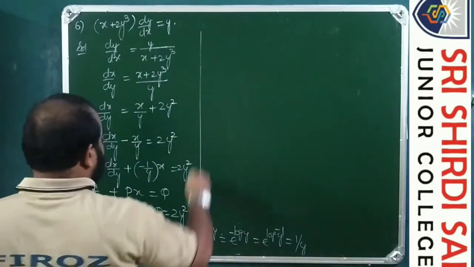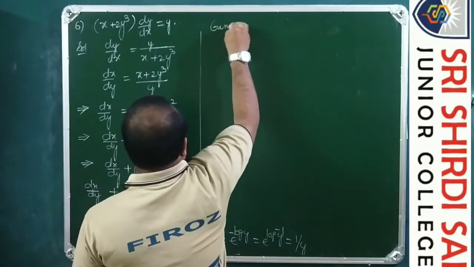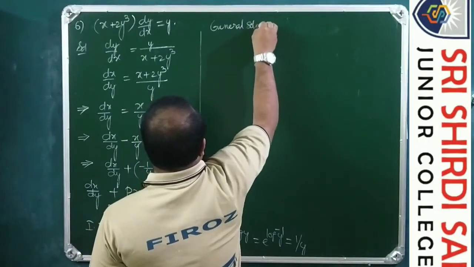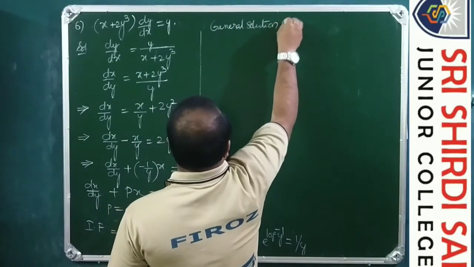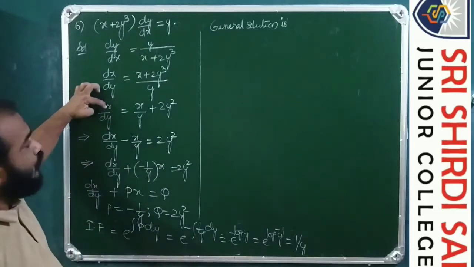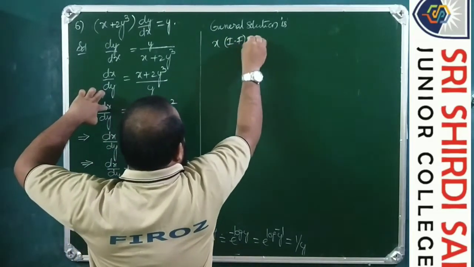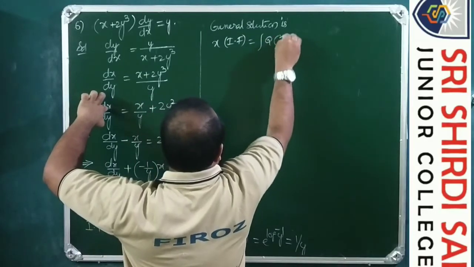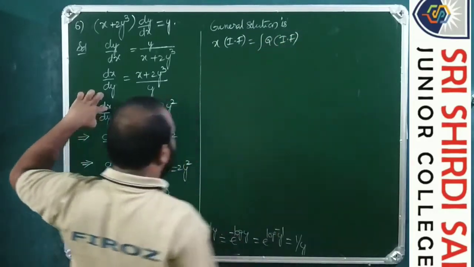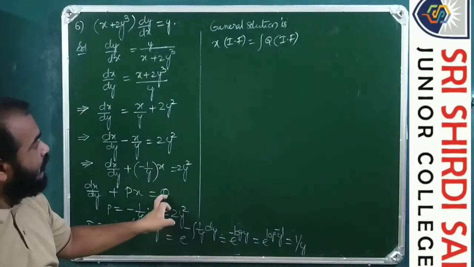Now the general solution is x into integral factor is equals to integral q into integral factor dy, since q and integral factor are both in terms of y.